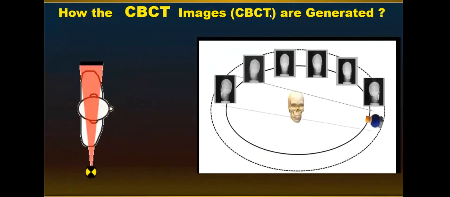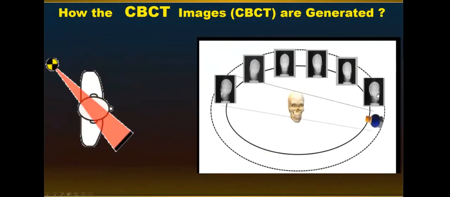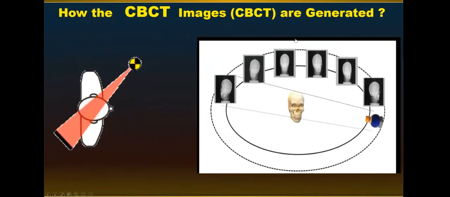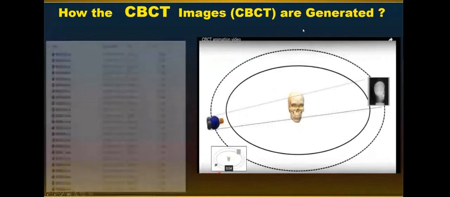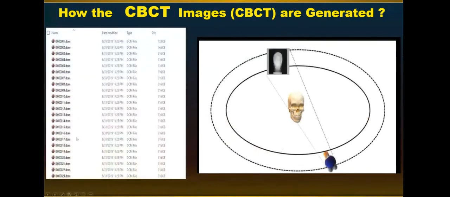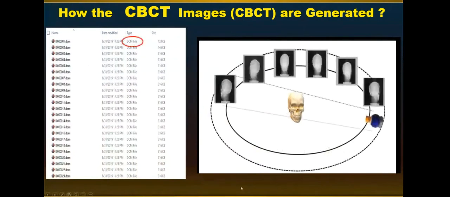We have multiple captures or pulses collected. Each pulse or image capture is translated in the computer as a separate file. Each of those files is called a DICOM file, and this group of DICOM files is called a DICOM dataset.